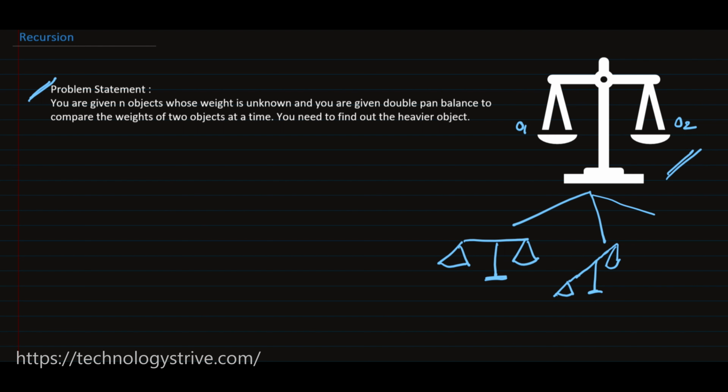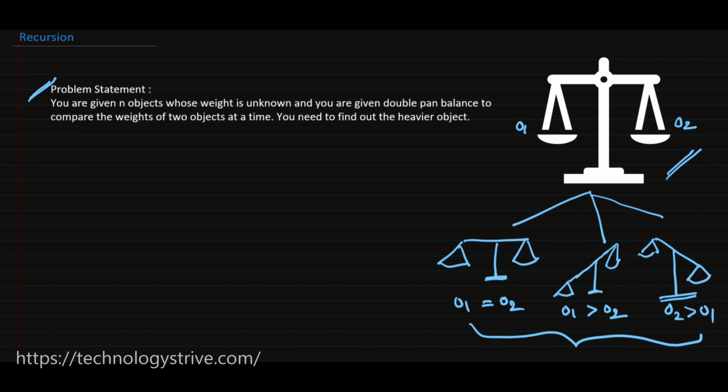Another possibility is O2 weight is more than O1. So these are the three possibilities: O1 greater than O2, O2 greater than O1, and O1 equal to O2.